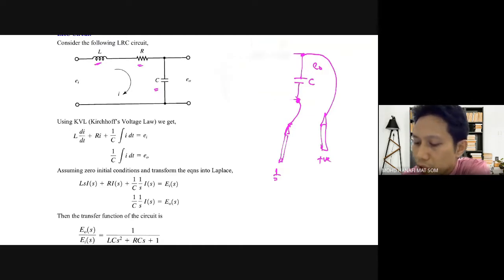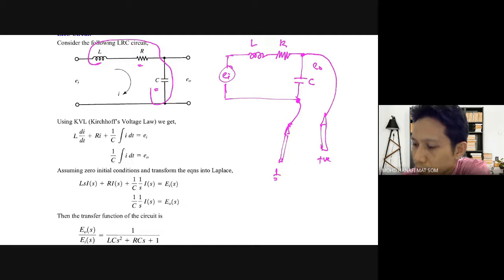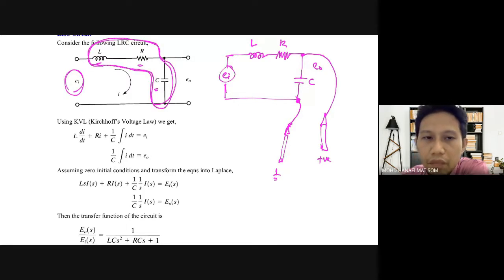The summation of the voltages passing through L, R, and C is equal to the voltage supplied to the circuit. Again, the voltages that drop along the components L, R, and C are equal to the voltage that has been supplied to the circuit.